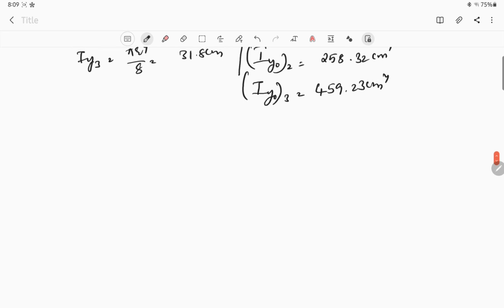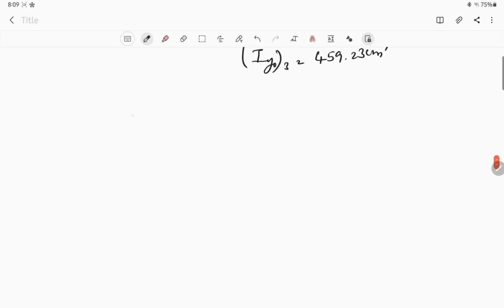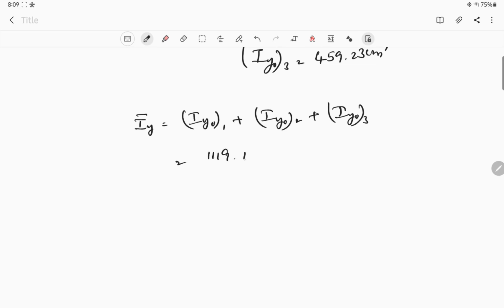So once you get all the values of Iy0 of first element, second element and third element, then finally Iy bar is equal to Iy0 of first element plus Iy0 of second element plus Iy0 of third element. So once you calculate this one, you'll get Iy bar is equal to 1119.17 centimeter power 4.